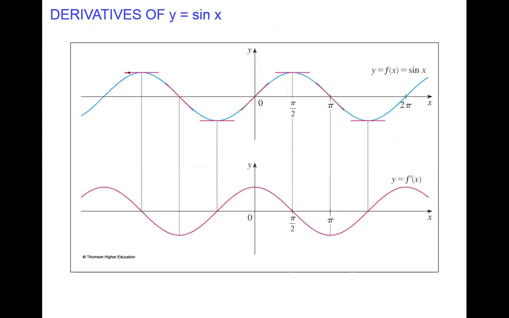You can see I drew a horizontal tangent. A horizontal tangent means the slope is 0, or the derivative is 0. That means this is 0 because this will be the derivative. Again, that's 0, horizontal, 0, horizontal, 0.